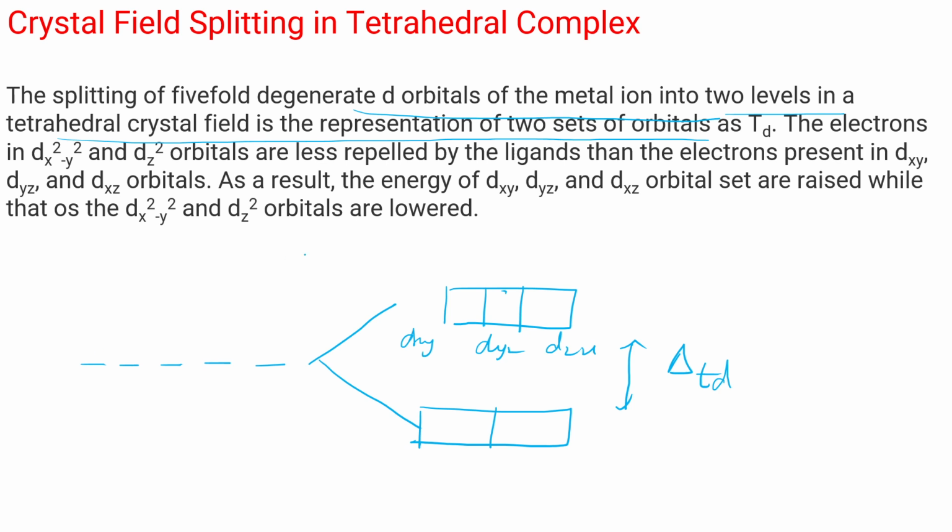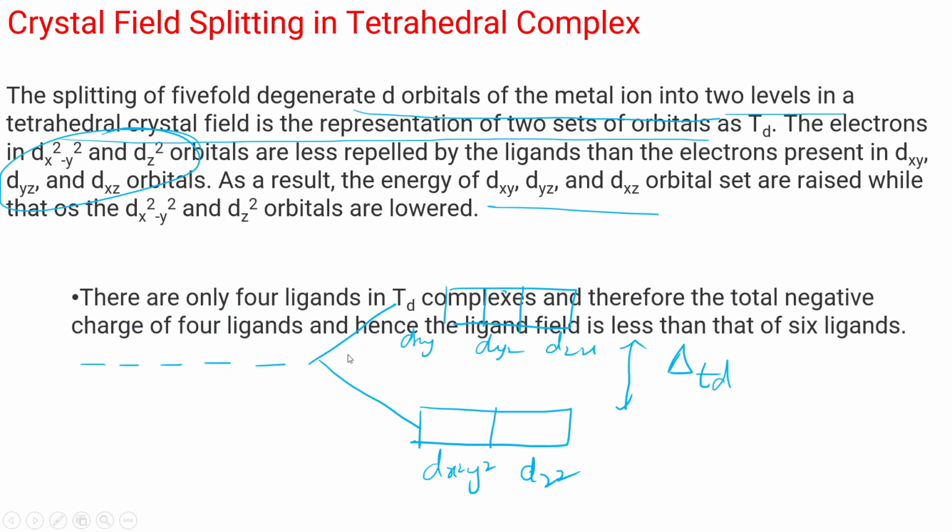The electrons in the dx square minus y square and dz square orbitals will feel less repulsion, so there will be more attraction and their energy will be less, while the energy of the dxy, dyz, and dzx orbitals will increase.